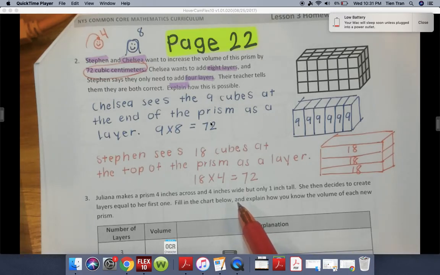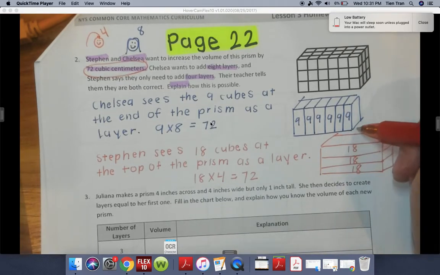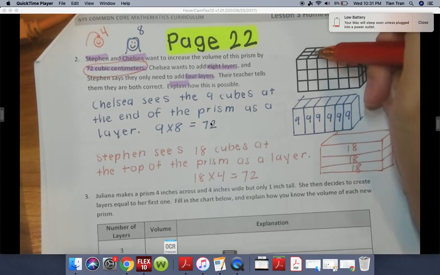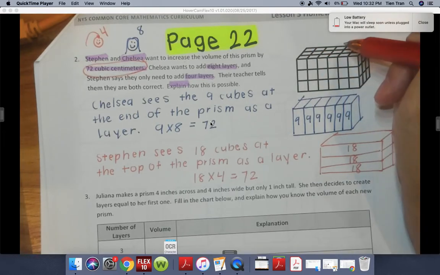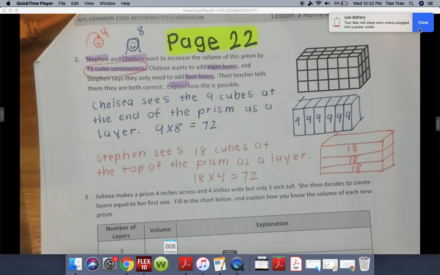And what she did was she added the top of the prism as a layer. So when it says 4, this is what she added as well. She added the top right here. So this part right here. You see that?